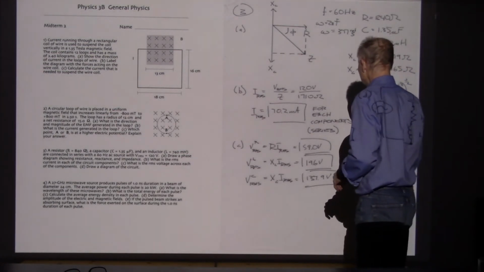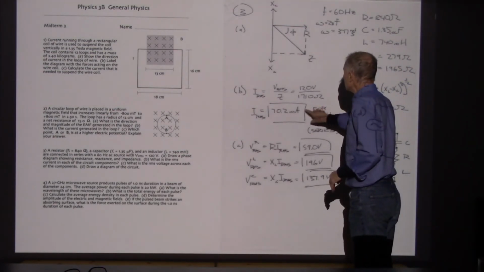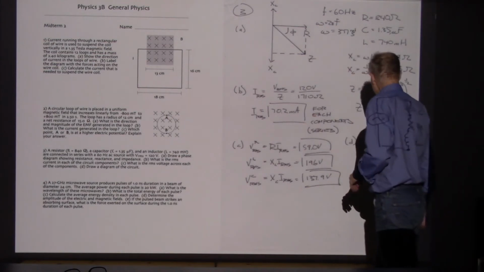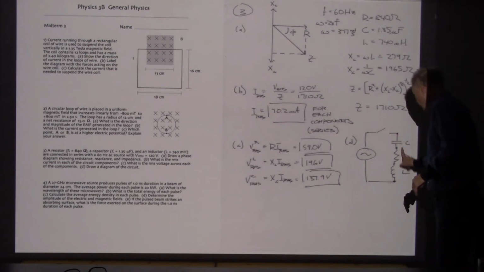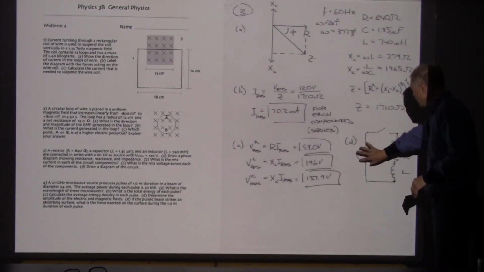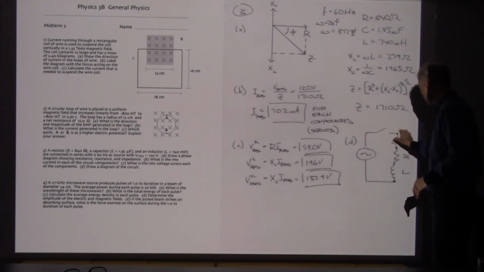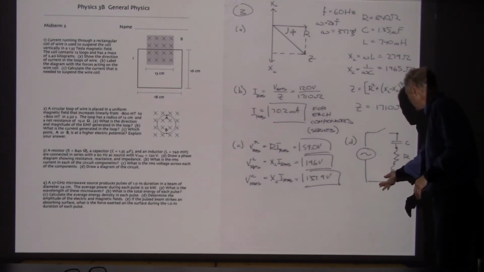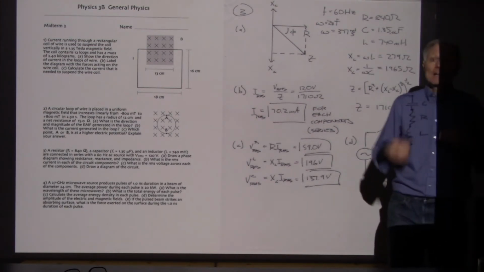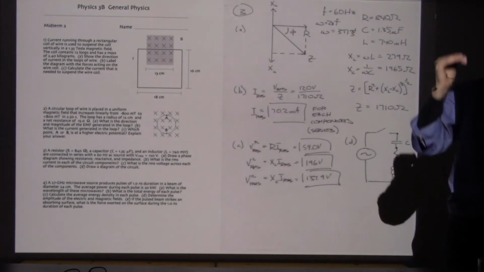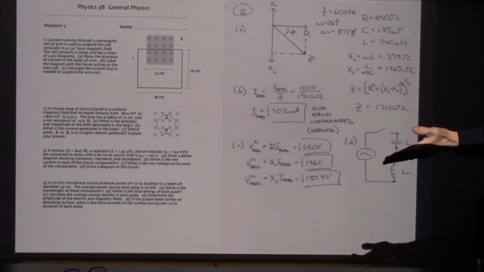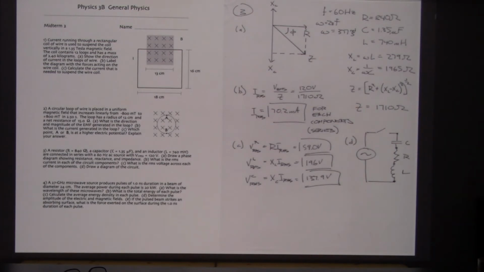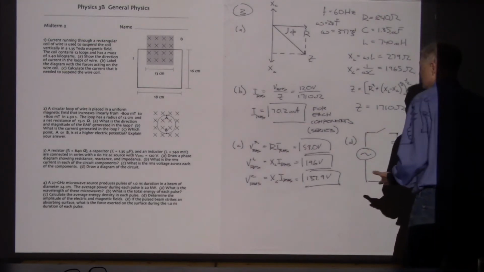Everybody is getting the same current because it's a one-loop circuit. Whatever the current is here, that's the same as the current here and here. The current's the same everywhere. Now it's AC, so it's alternating, and if it's a standard AC outlet that we've attached it to, it's going to be varying as a sine function.